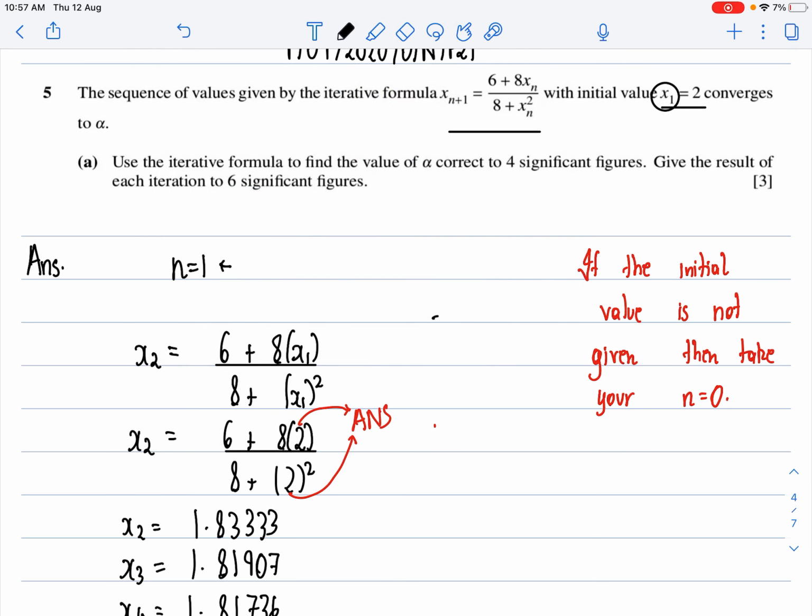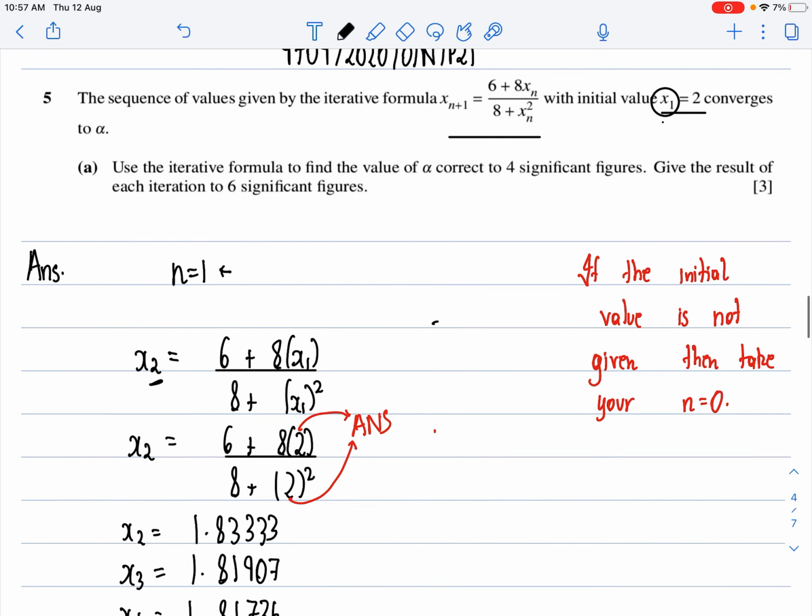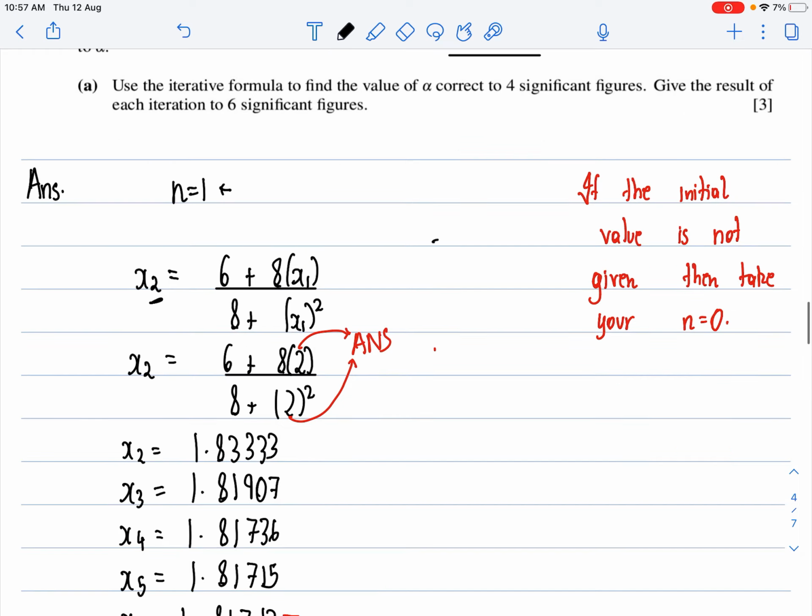Here it's starting from x2, but if no initial value is given, then it has to start with x1. Correct? This is the thing which you need to know.